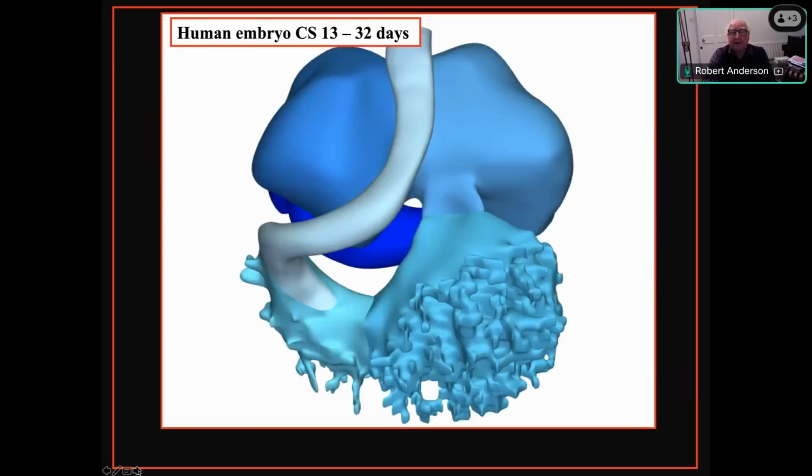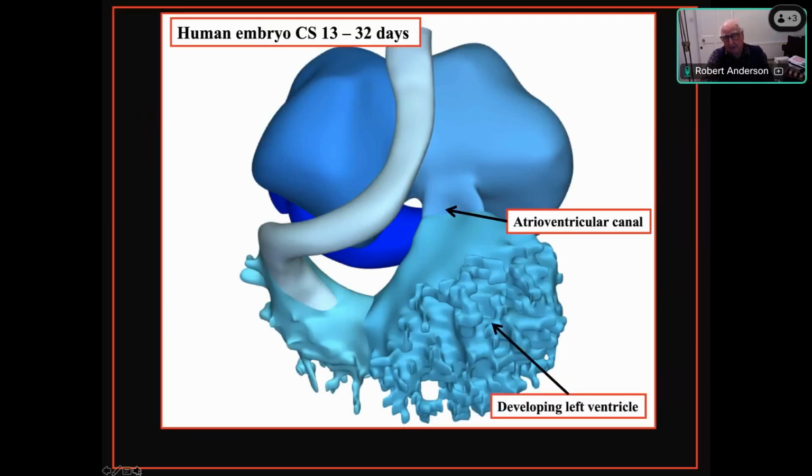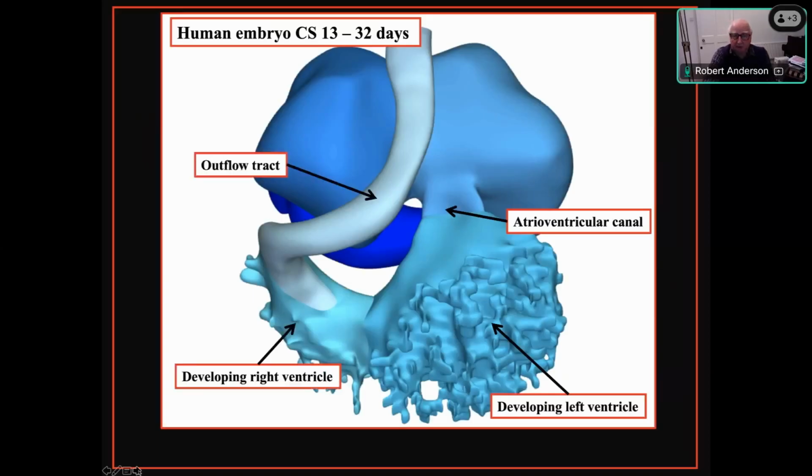And so we can make the reconstruction a little bit later, and we can see what has developed from that ventricular loop. So here is the atrioventricular canal, and as we've learned several times during our first 2 presentations, the atrioventricular canal at this early stage of development during the 5th week is supported exclusively by the developing left ventricle, whereas what will become the right ventricle is supporting the entirety of the outflow tract.